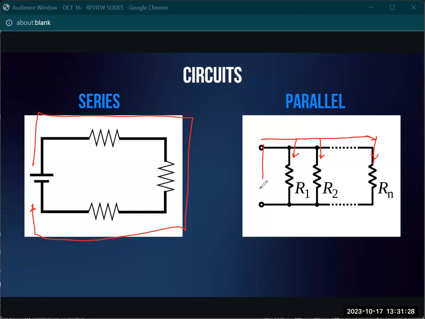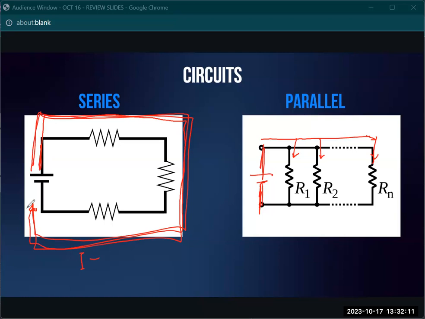Oh, this is supposed to be a battery din, yung passive source. Kapag series, ang current niya is actually just equal. Kung anong current niya dito, ay yun din current niya dito, and then dito, and dito na.